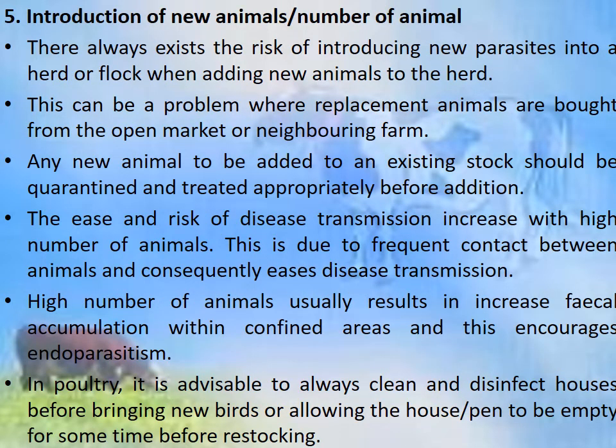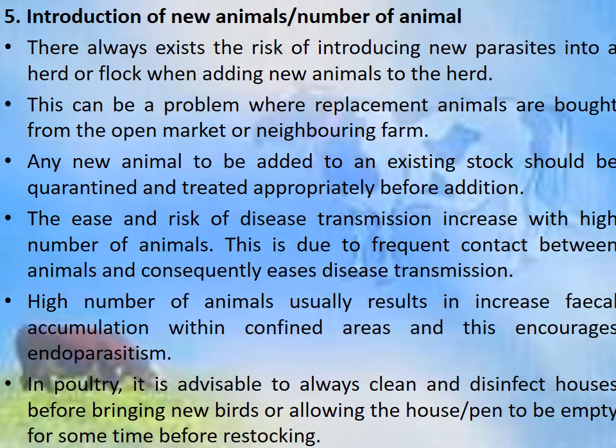Now, lastly, today we'll be looking at the 5th management factor, which is introduction of new animals or high number of animals kept in a confinement. There always exists this risk of introducing new parasites into a herd when additional new animals are brought to the herd.